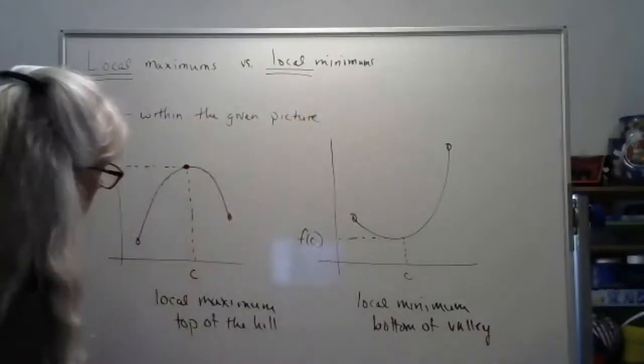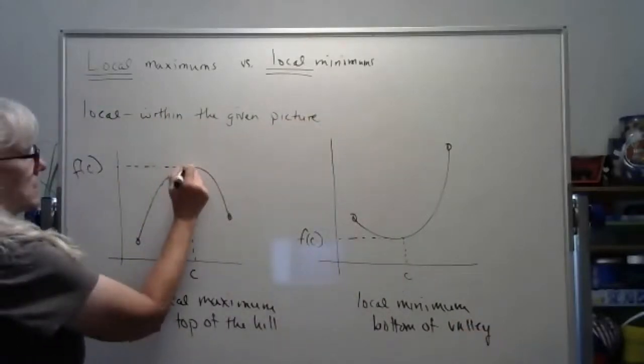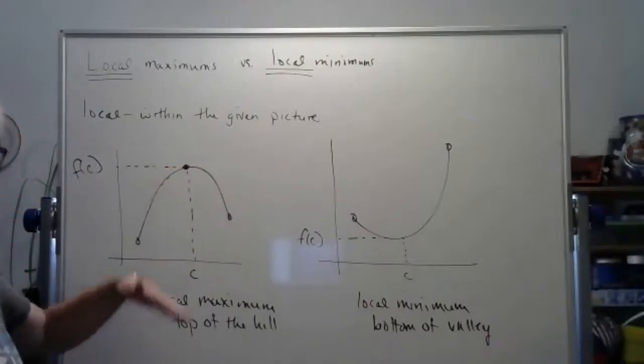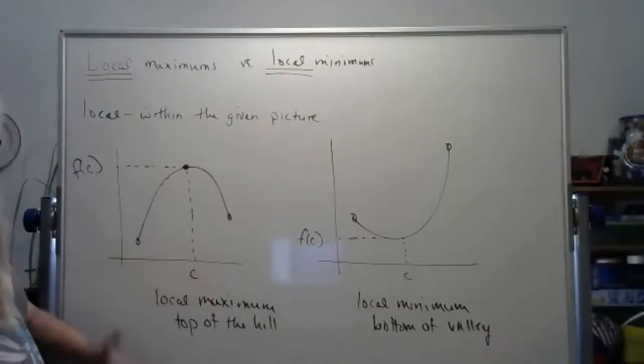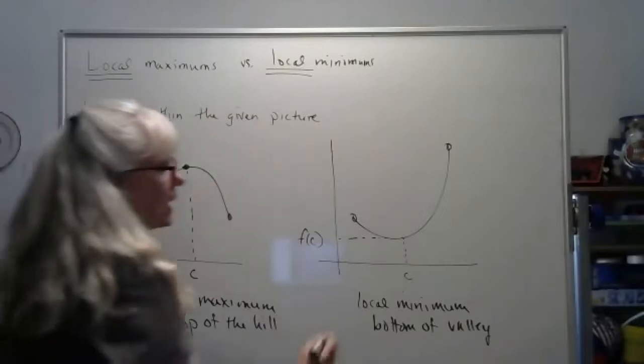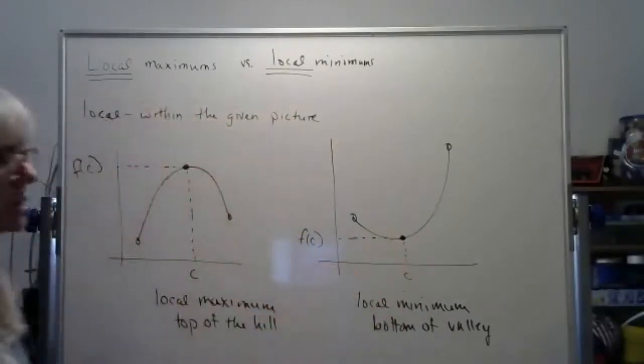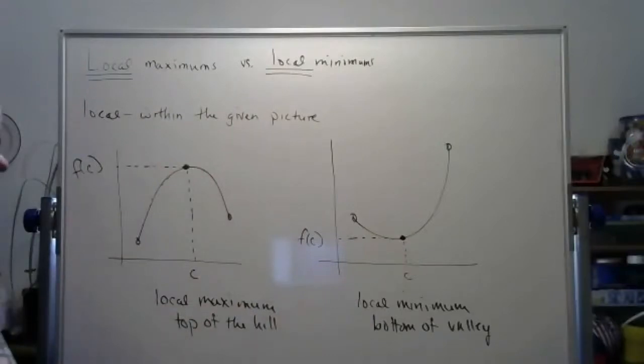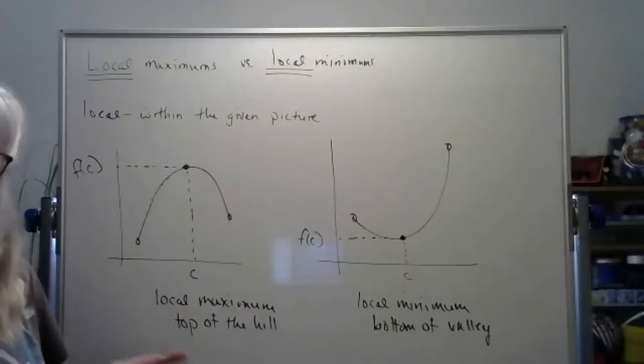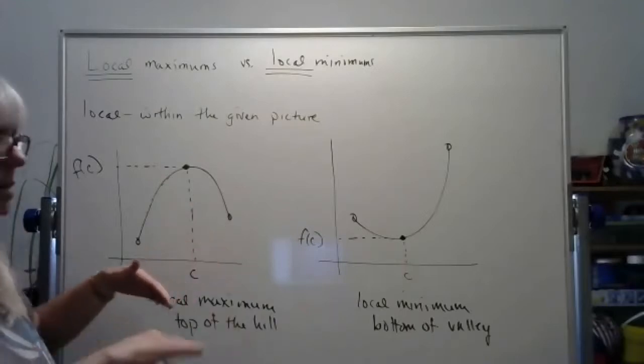So in other words, on my first picture, if I am standing here, I am standing at the highest y value on that picture. On the second picture, if we're standing down here at the bottom of that valley, we're standing at the lowest or smallest y value. So the idea of maximum and minimum is pretty easy to grasp. You're either at the top of the hill or at the bottom of the hill.